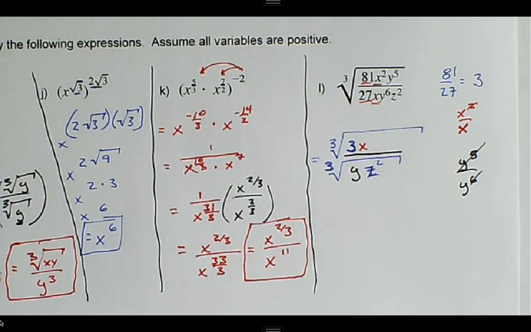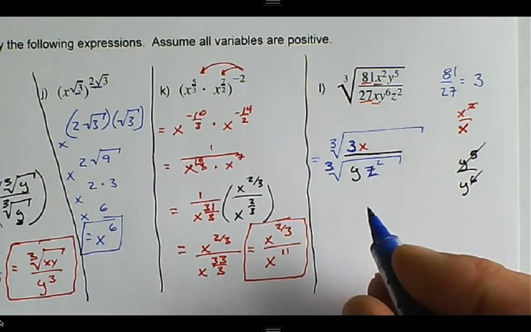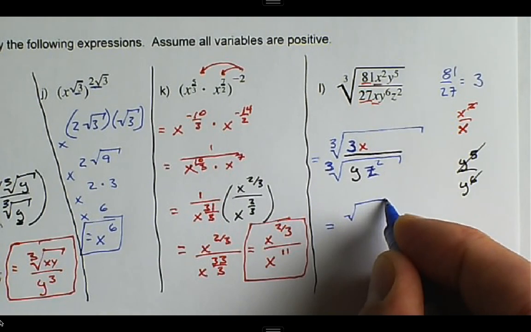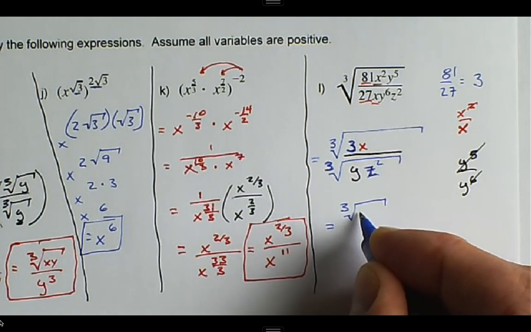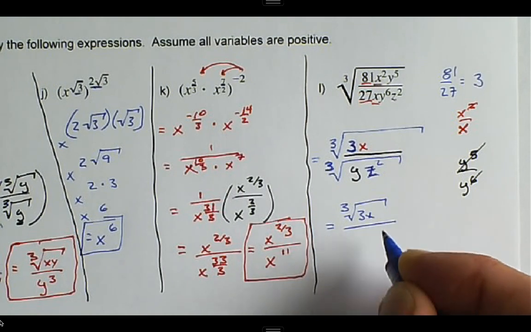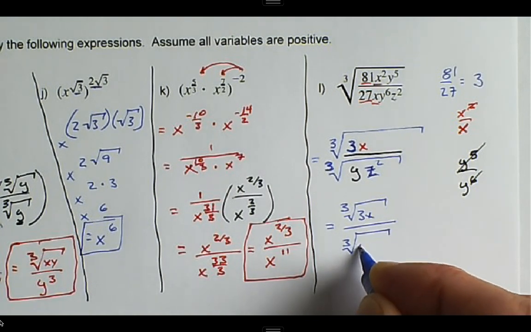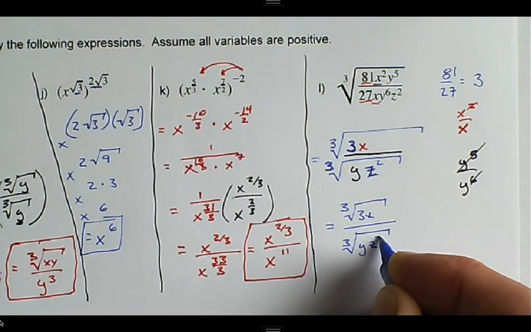No, that's not right. Let me rewrite this. So in the numerator, we have the cube root of 3x, and in the denominator, we have the cube root of y times z squared.